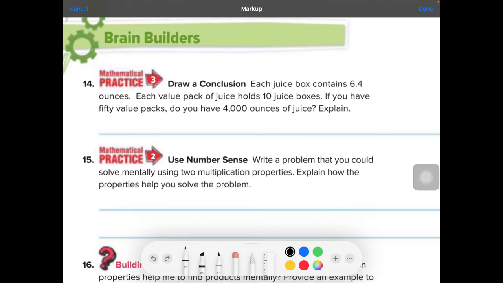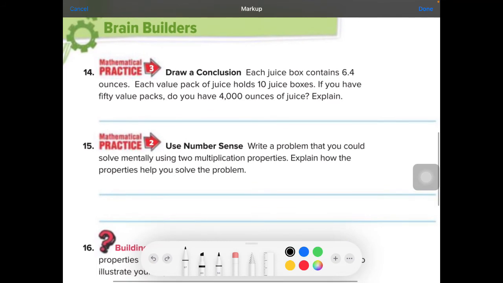Brain builders. I kind of feel that last one should have belonged in the brain builder. Okay, number 14. Each juice box contains 6.4 ounces. Each value pack of juice holds 10 juice boxes. If you have 50, remember 50 looks like this, 50 value packs, do you have 4,000 ounces of juice? Explain.